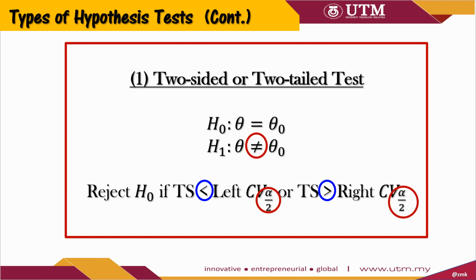Notice that in a two-sided test, we must use alpha over 2 for the two critical values on the left and on the right of the underlying distribution from where the test statistic is defined. We look at an example in this two-sided test in the next slide.